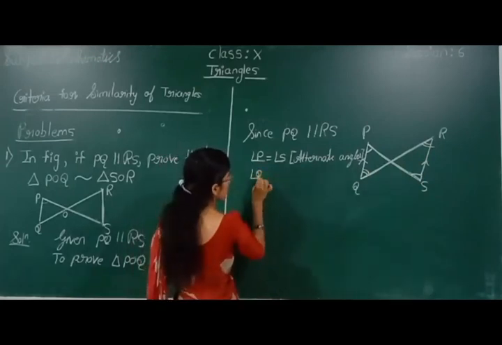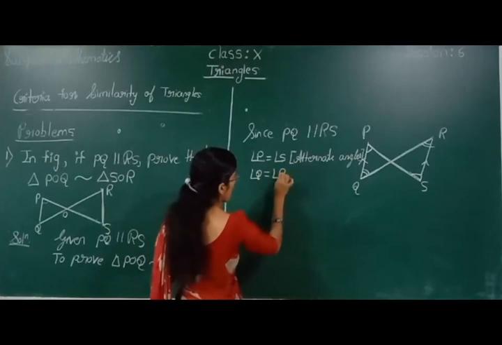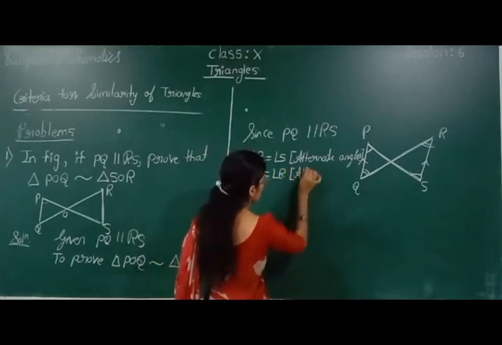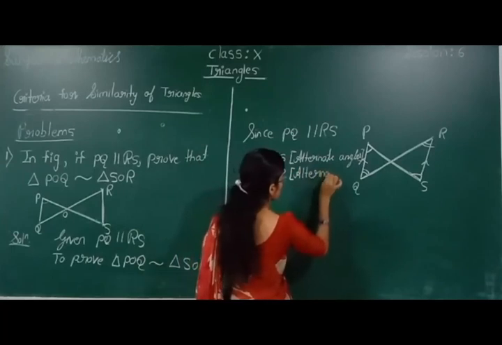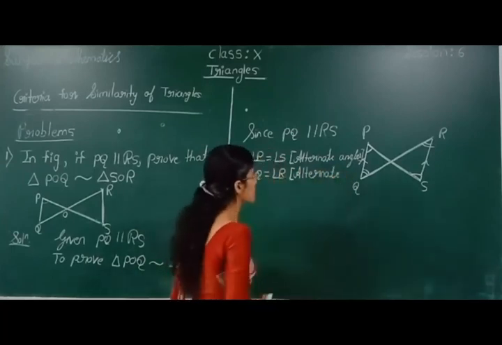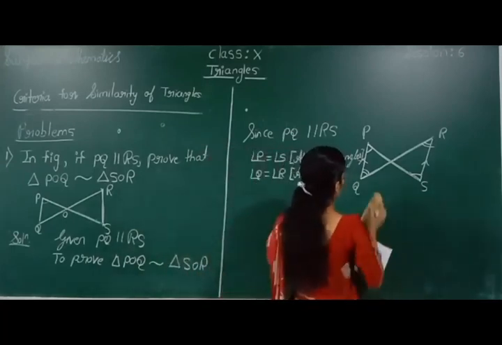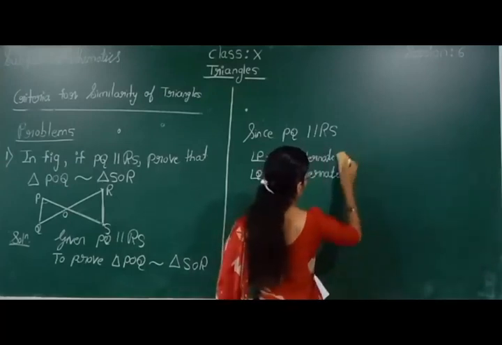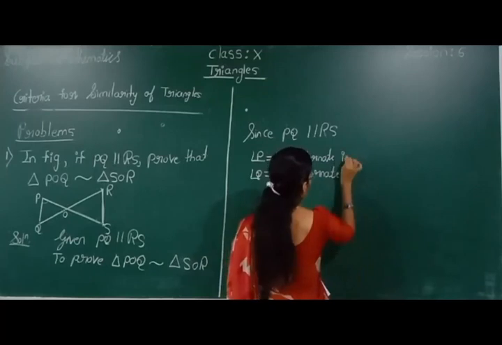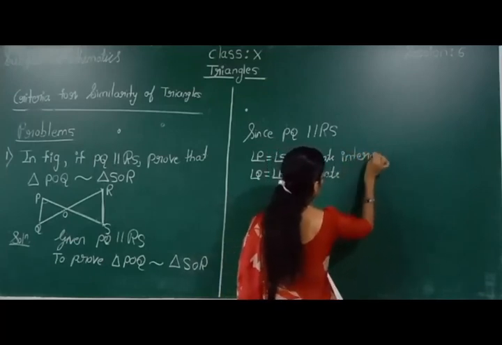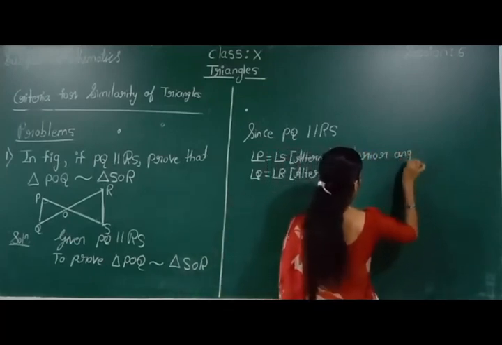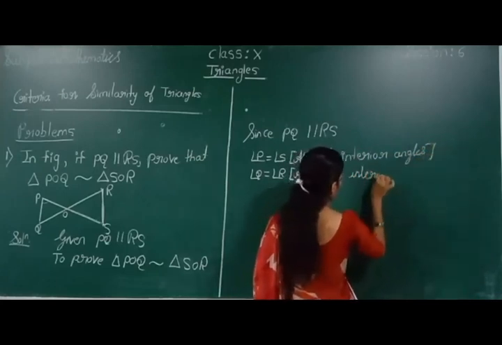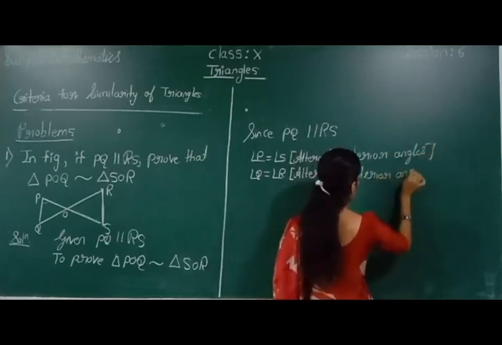Angle Q is equal to angle R. We can write here alternate angles, or if you want to be specific, alternate interior angles. Here alternate interior angles.